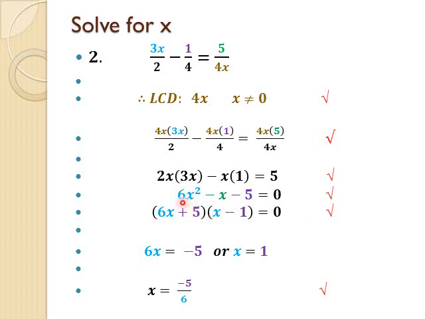So there, if I factorize, 6x squared would be 6x times x. Minus 5 is plus 5 times negative 1. Right? Multiply the two furthest ones, so that 6x times negative 1 gives me negative 6x. 5 times x gives me 5x, minus 6 plus 5 would give me the negative x. So from there, 6x equals negative 5, or x equals 1.